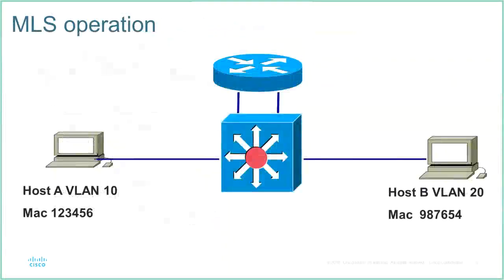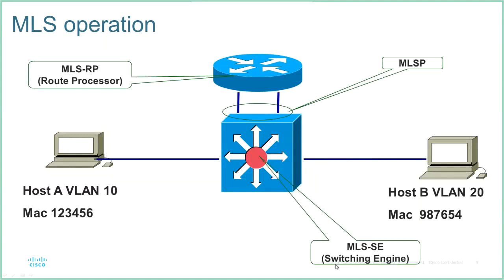So how does this work? In this example, we have VLAN 10 over on the left and VLAN 20 on the right, the multi-layer switch, and our virtual router.